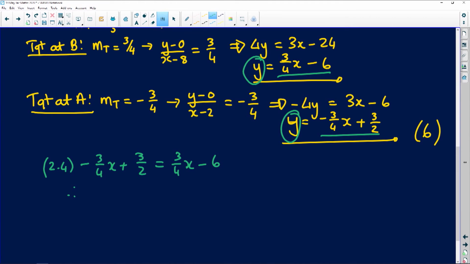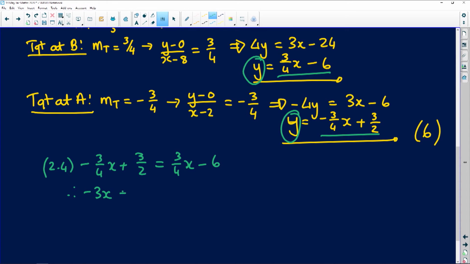I need an LCD for 2 and for 4, which is 4. I'm going to multiply both sides by 4. I'm not going to try and work with fractions here. It's the easy way out. If you have an equation and there's fractions in that equation, get rid of them because you're bound to make a silly mistake.